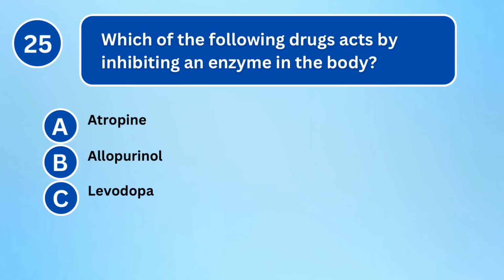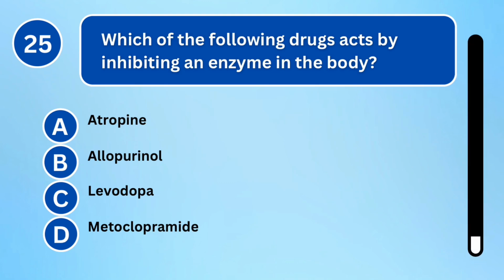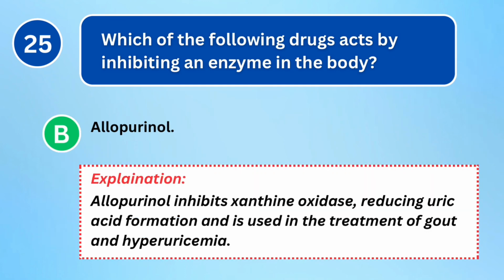Which of the following drugs acts by inhibiting an enzyme in the body? A. Atropine. B. Allopurinol. C. Levodopa. D. Metoclopramide. Correct answer, B. Allopurinol.